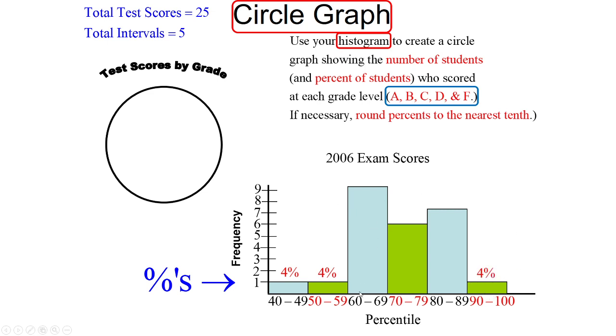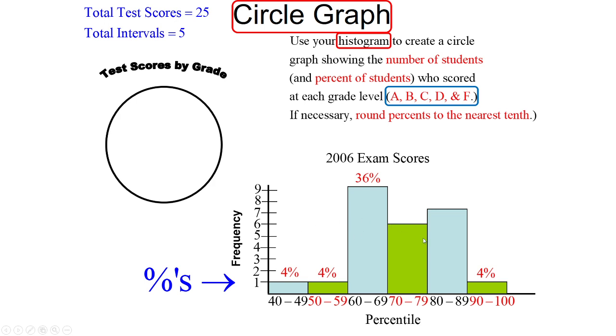Now let's look at our D's right here, scores in the 60s. And there were 9 of those scores, so just go 9 divided by 25. And your calculator will give you a decimal, and I'm getting 0.36, which converts to 36%. And then in the 70s, that looks like 6 to me.